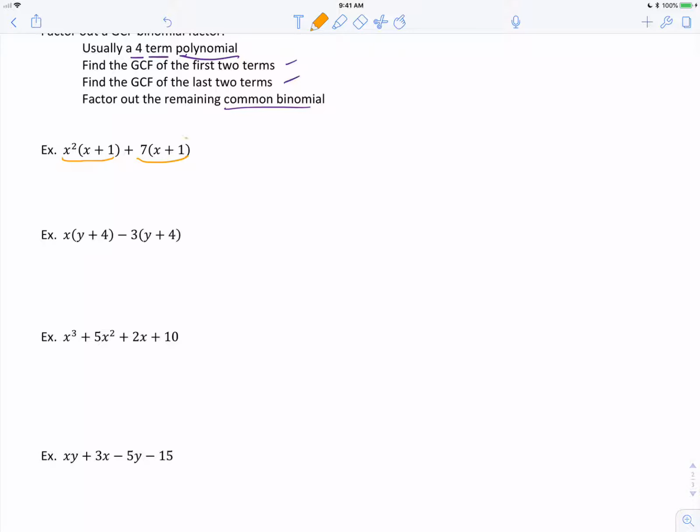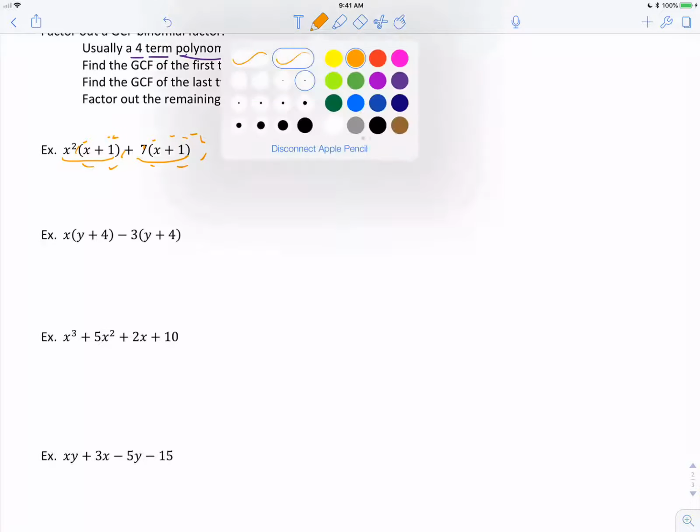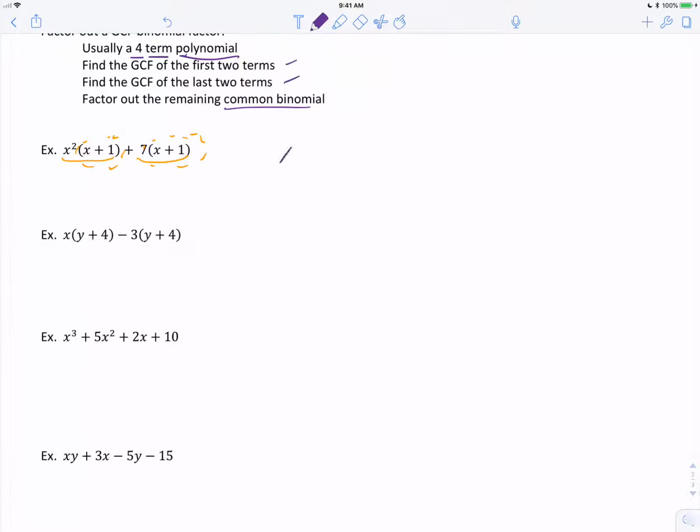They both have this x plus 1 in common. So it's like we can factor out that x plus 1. We're just factoring out the whole little binomial there that this thing has. So let's look at that and say, okay, well, just like in the other example, if we divide both sides of this by x plus 1, what's left?